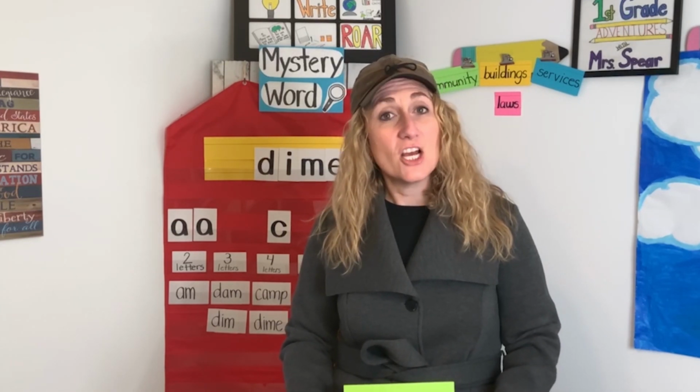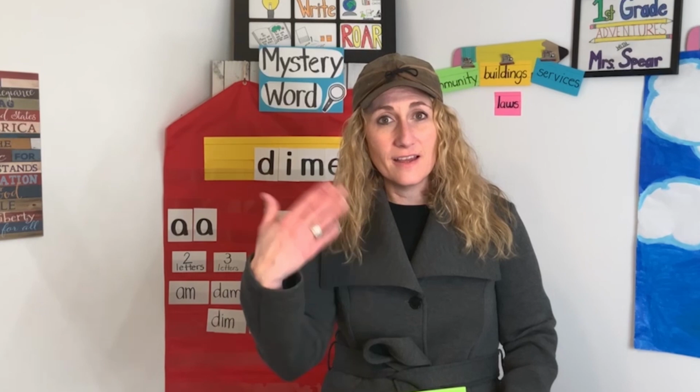We've been talking a lot about community helpers. The next word we have is the word crime. We've been learning that as a community, we want crime to be low, so we have to do our job for that. But if a law is broken, it's a crime, so we might have police officers help us with that. Let's say crime. Ready?